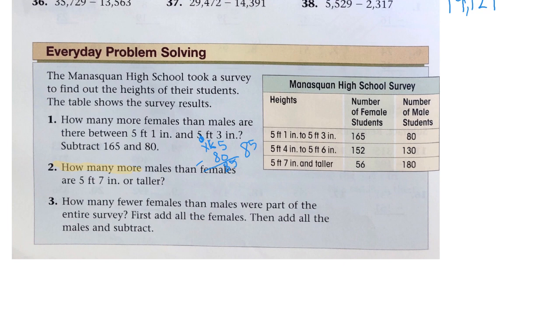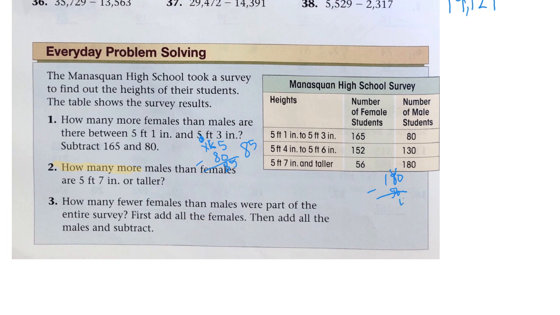Got our keywords. And we've got 180 males and 56 females. We can't take 6 from 0, so let's give one of the 10s to the 1s.